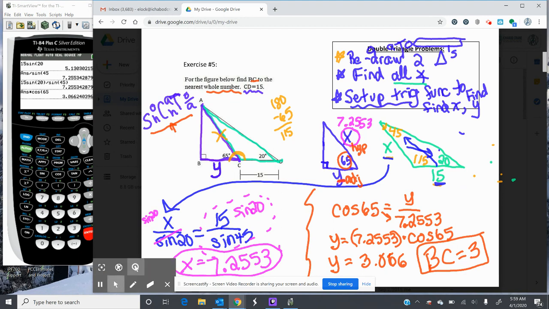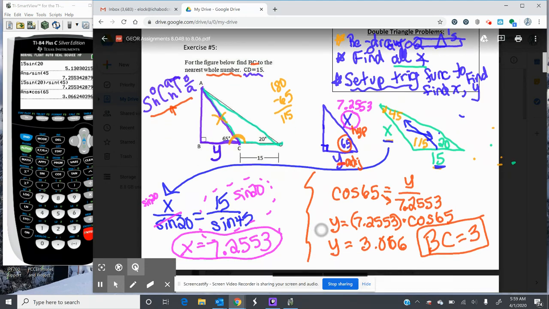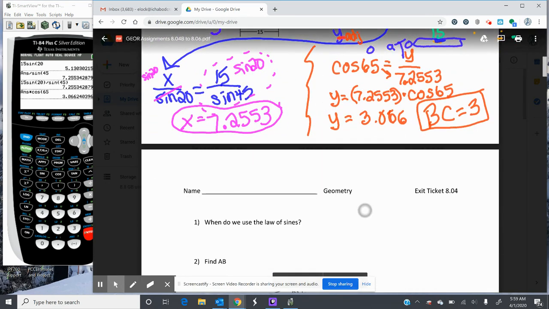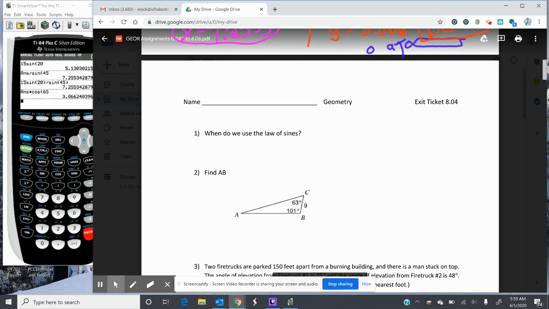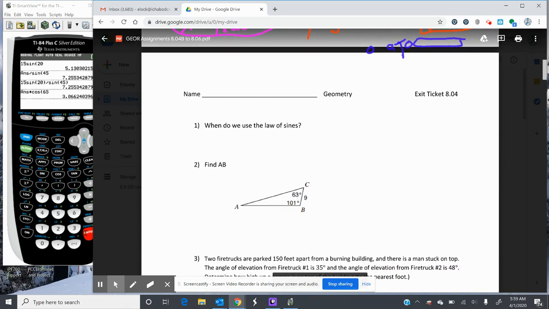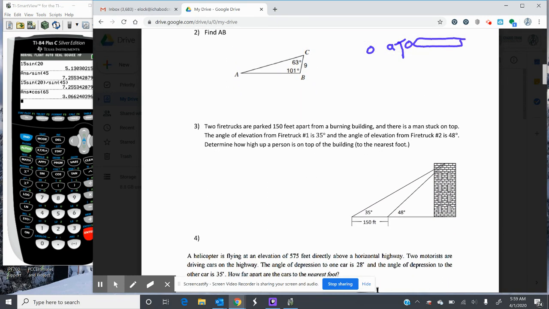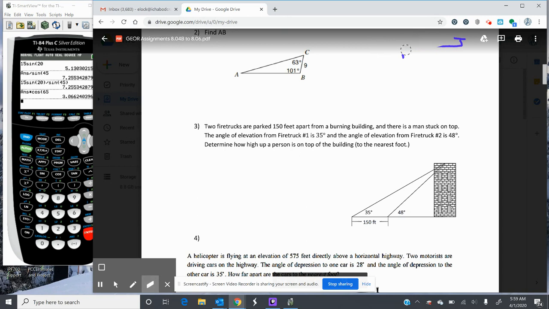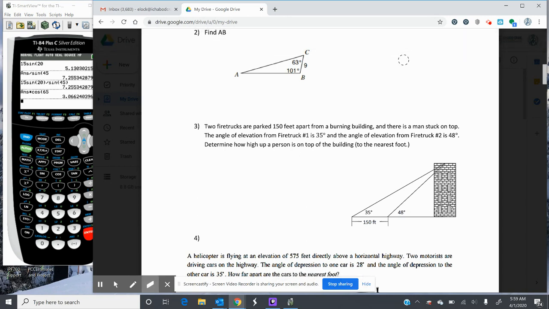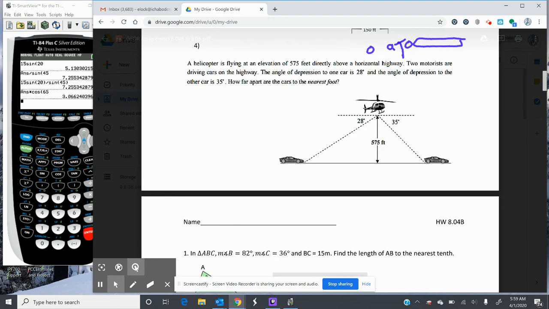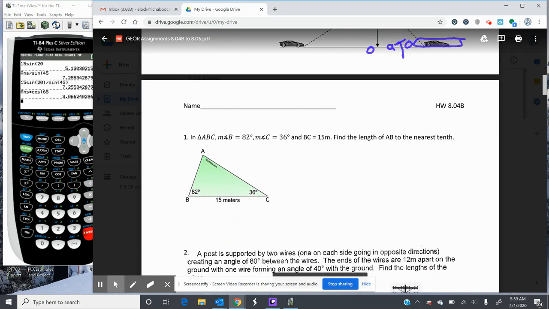Now, for your homework today, I'm going to actually change a little bit of what we have. Again, most of you don't have this printed yet, but here, exit ticket 804, I do want you to try those 4 questions as the first part of your homework. And then also, I just want you to do the front of 804B.